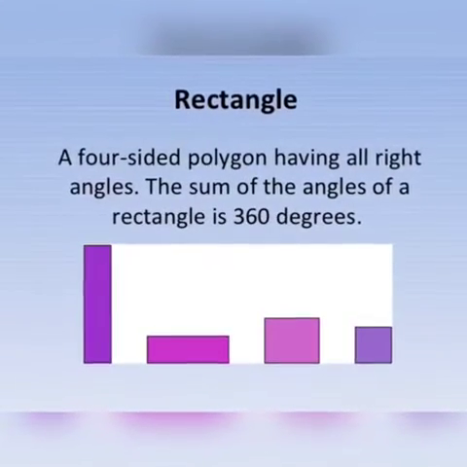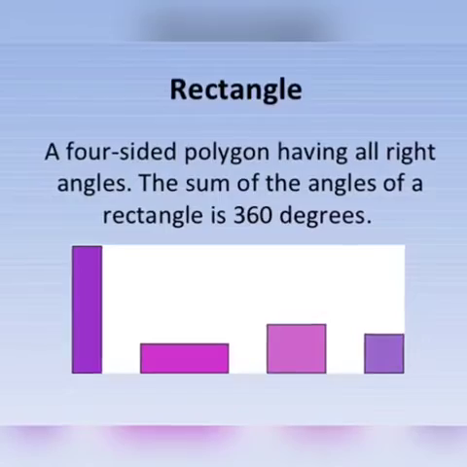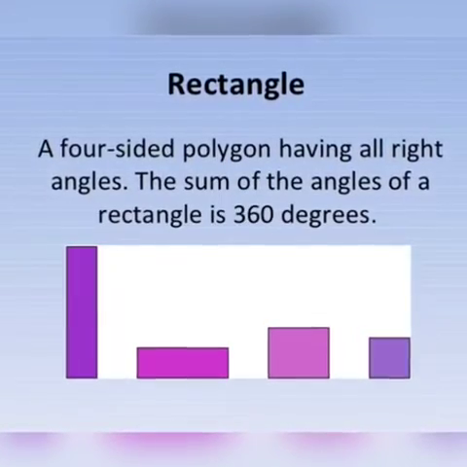The sum of the angles of a rectangle is 360 degrees. Square. Square is a four-sided polygon having equal length sides meeting at right angles. The sum of the angles of square is 360 degrees.